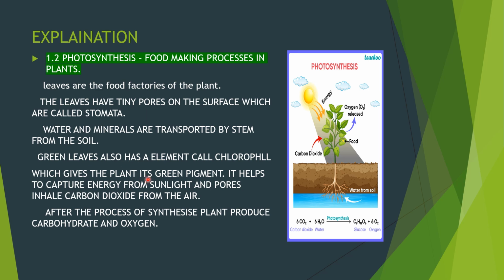Green leaves also have an element called chlorophyll. Chlorophyll is a pigment present in green leaves which gives the plant its green color. It helps to capture energy from sunlight, and the pores take in carbon dioxide from the air. Our atmosphere already has carbon dioxide, so the plant takes it in through the pores.